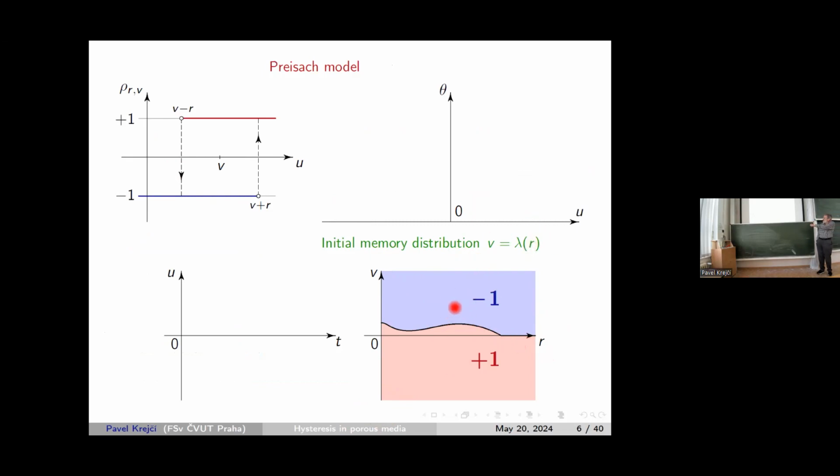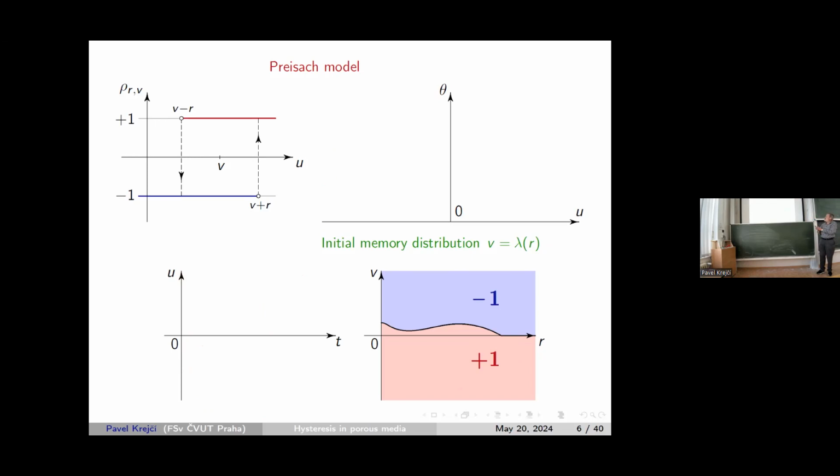If you are above the line, all switches are -1. If you are below the line, all switches are +1. And now we switch on the input. So u is the input. Here you will see the evolution of the function u as a function of time, and here you will see the evolution of the saturation as a function of u.